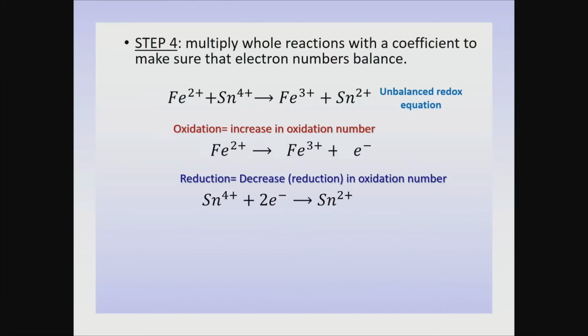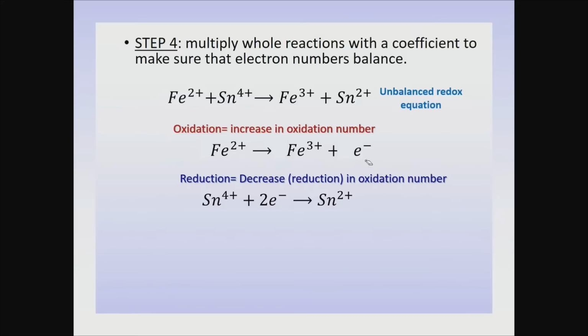Okay, so we go on to the next step. Multiply whole reactions with coefficients to make sure that the electron numbers balance. You can see we have a problem here: in the oxidation reaction, for every Fe2+ ion that is oxidized, 1 electron is released. Yet for the reduction reaction, for every tin ion that is reduced, you need 2 electrons. So how do we solve that problem?